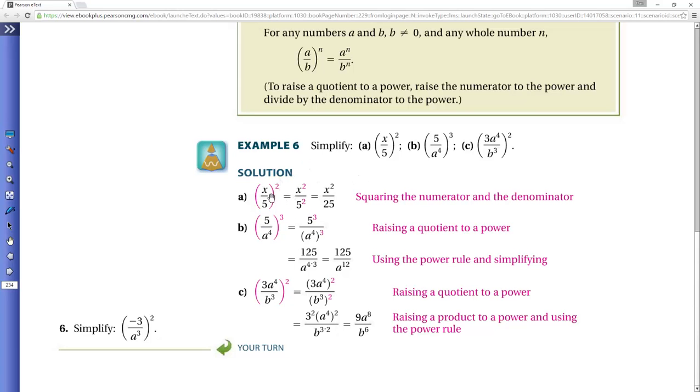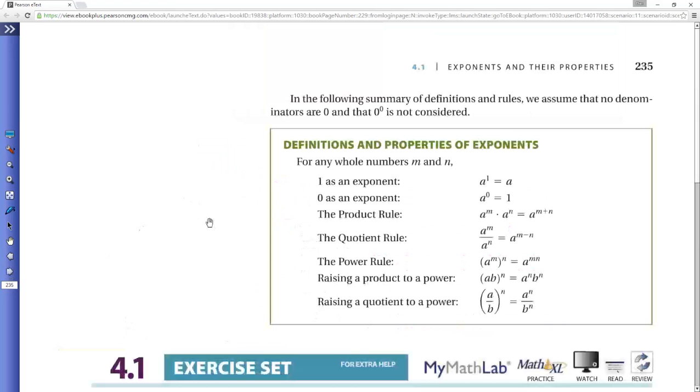Well, they use this quotient rule, so they'd say, well, I could rewrite this as x to the 2 power, x squared over 5 squared, and I could actually square the 5 or take it to the 2 power and get 25. Not 10, 25, okay? So on these other examples. And that's about the deal.